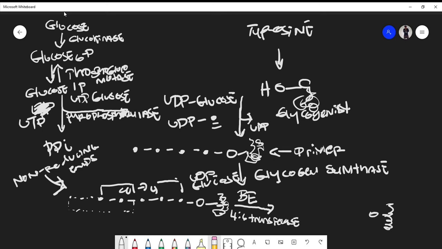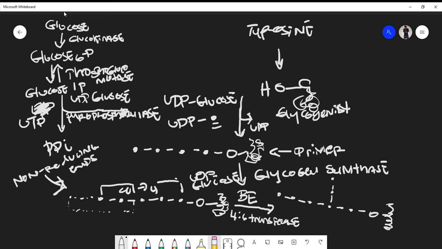Here's my oxygen. Here's my glucose residues connected by 1,4 bonds, and it's going on and on. 4,6 transferase, or the branching enzyme, takes about 6 to 8 residues off the non-reducing ends, and then starts adding 1,6 linkages.